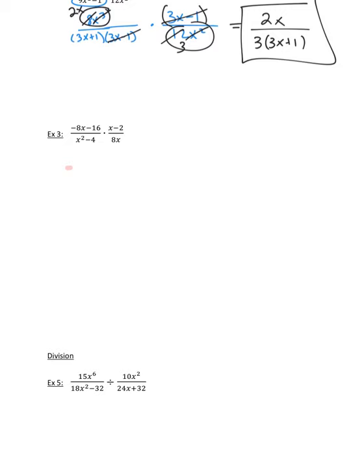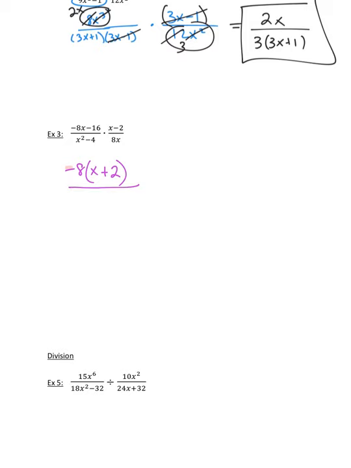If you pull out a negative 8, it'll make it easier because now in your parentheses you have positive x. It's always easier to have a positive x or positive x squared. So if I pull out a negative 8 times x would be negative 8x, and then this would have to be a positive, right? Because negative 8 times positive 2 would be negative 16.